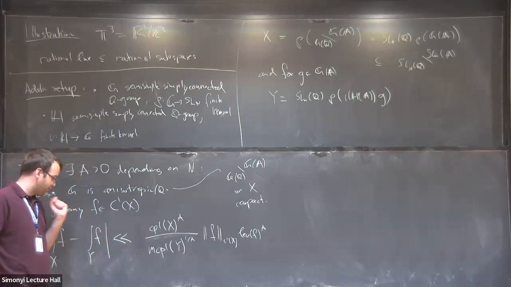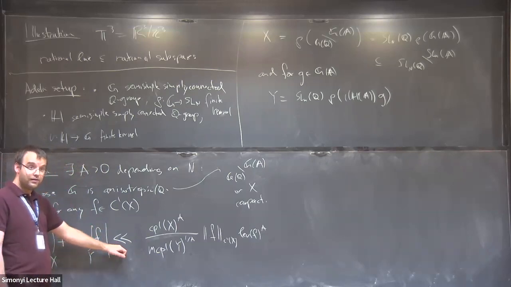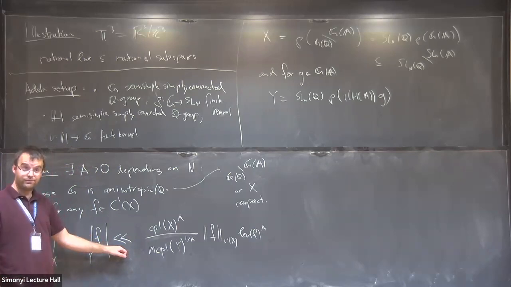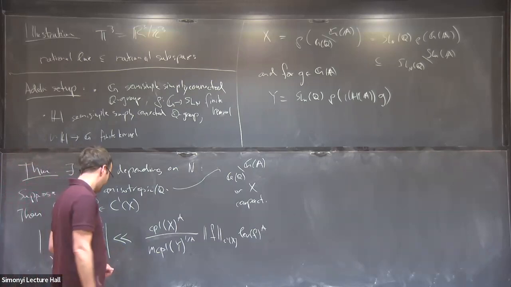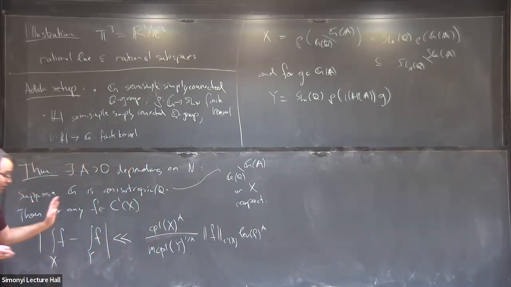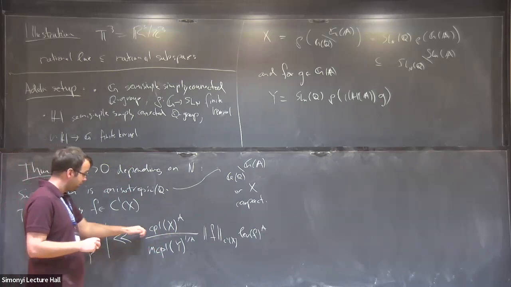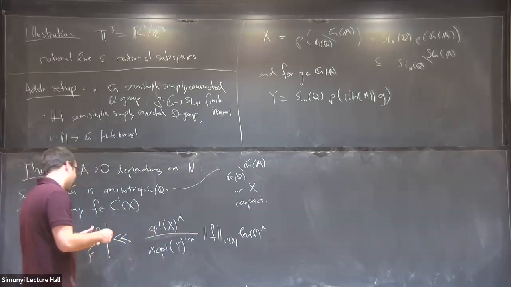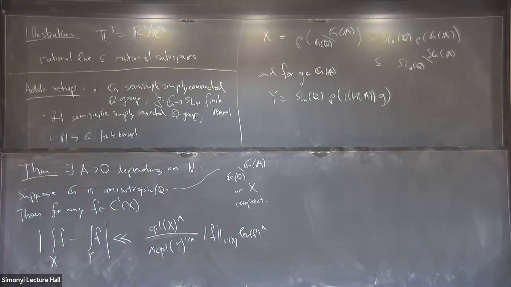The point in particular is that this constant here depends on nothing. Not in particular on X, not on Y, not on the function, right? The complexity here, you should think of it as something. For me, at least, I prefer the complexity for volume. But if you wanted to write volume, it's just some type of measuring how complicated the ambient object is.